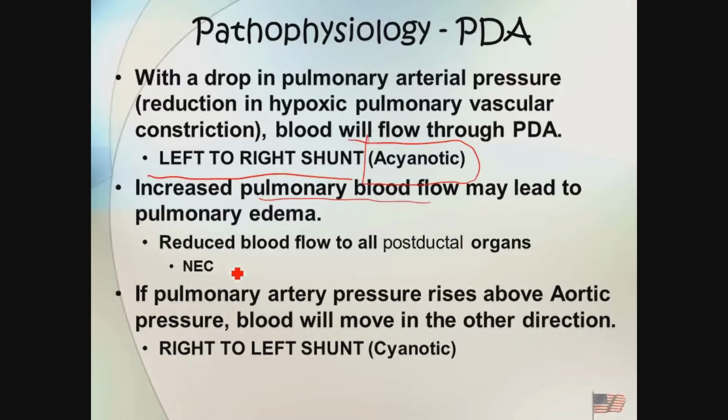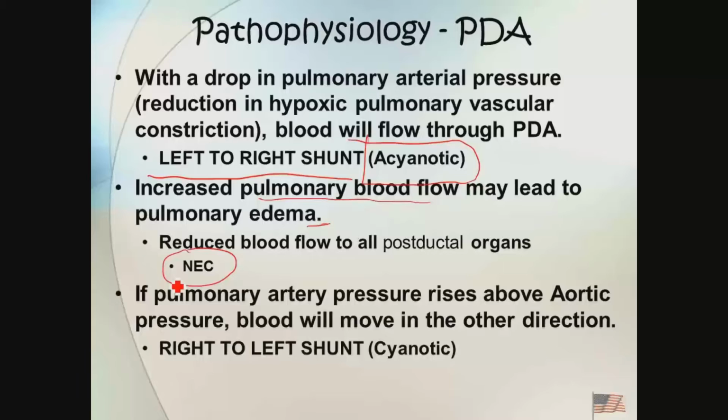So I can end up having a reduction in PO2 secondary to that pulmonary edema. Also, concomitantly, I'm not putting blood to the peripheral organs because I'm having reduced aortic blood flow, which could potentially lead to the development of necrotizing enterocolitis. If you remember, that has to do with poor perfusion to the splanchnic vessels in the intestinal walls.